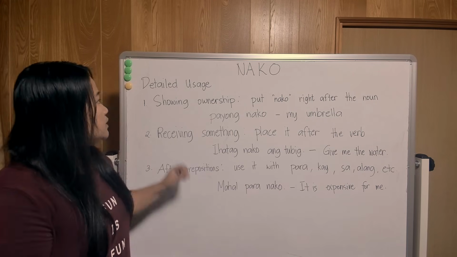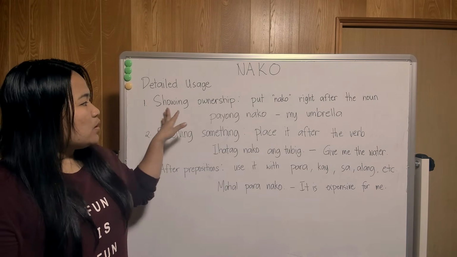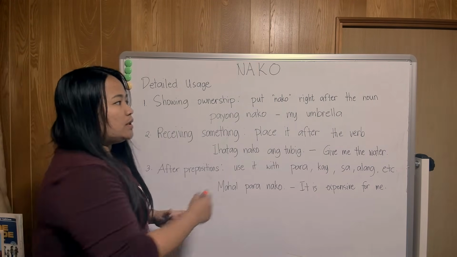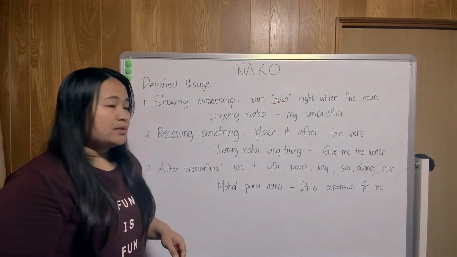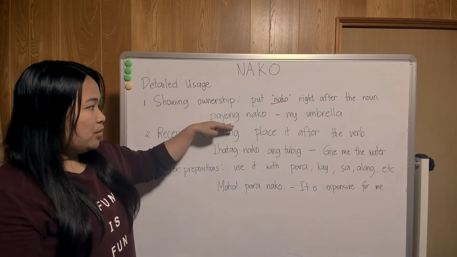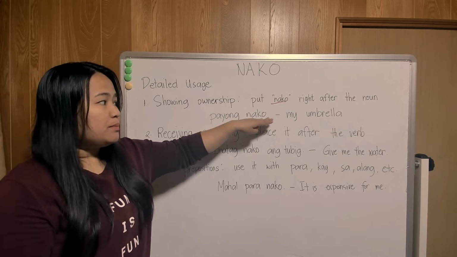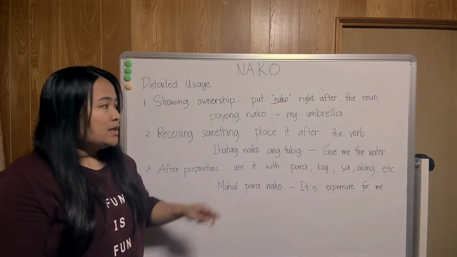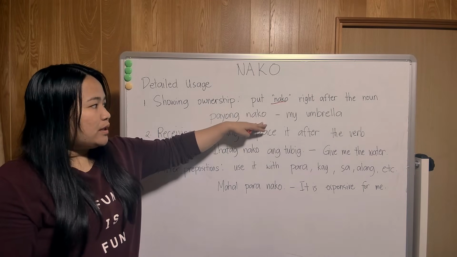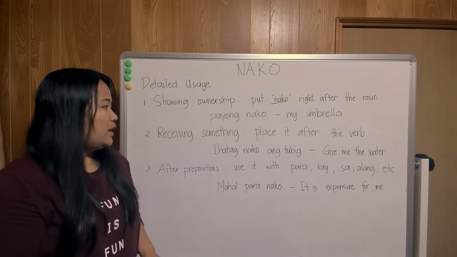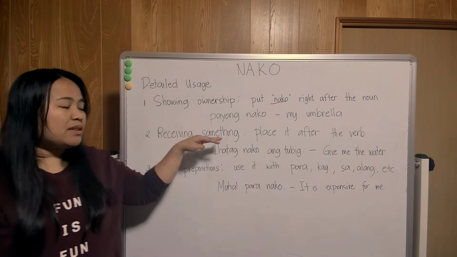Now for the detailed usage. Showing ownership: you put nako right after the noun. For example, payong nako. It means my umbrella. Payong is a noun and the pronoun is nako. Next is receiving something.